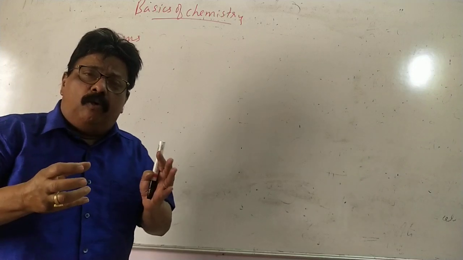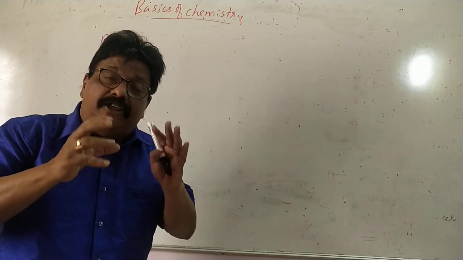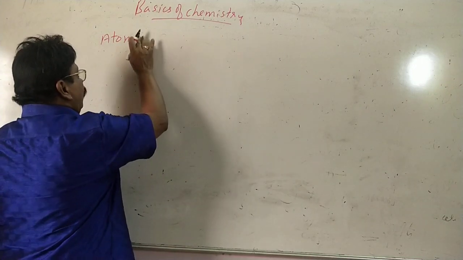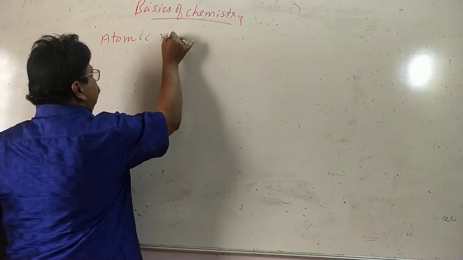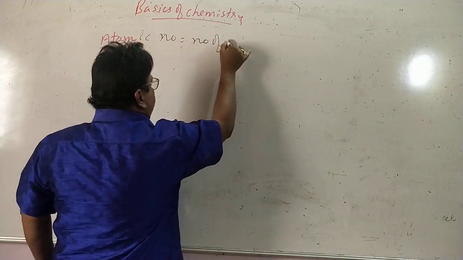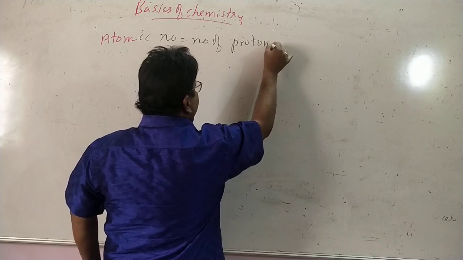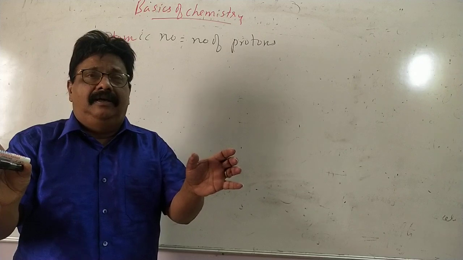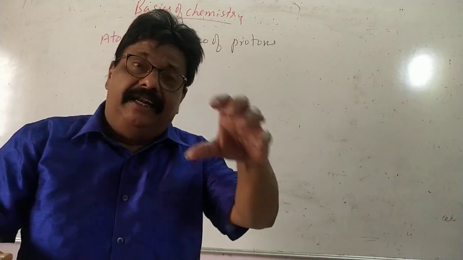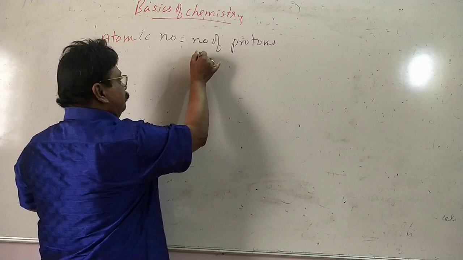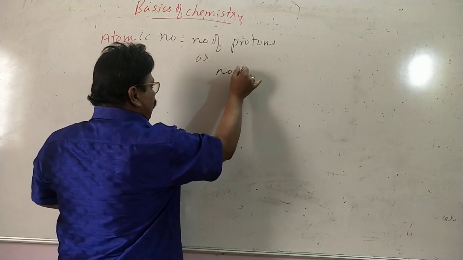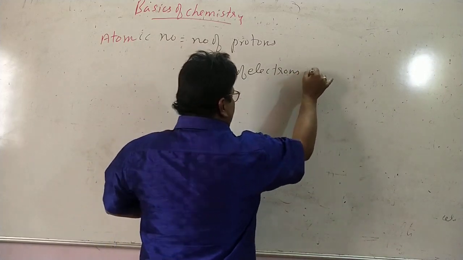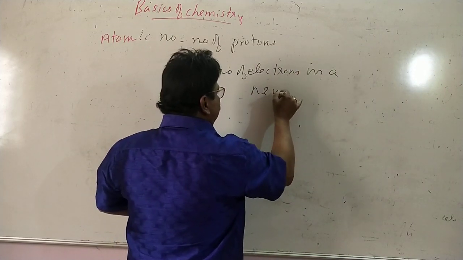When we talk about the atomic number, it means the number of protons, the nuclear charge, the number of protons present in the nucleus, or the number of electrons in a neutral atom.